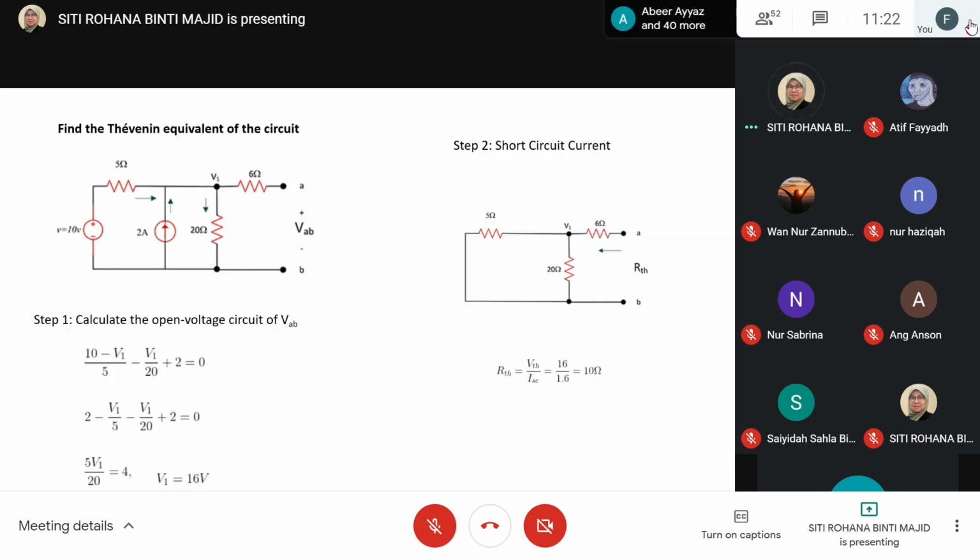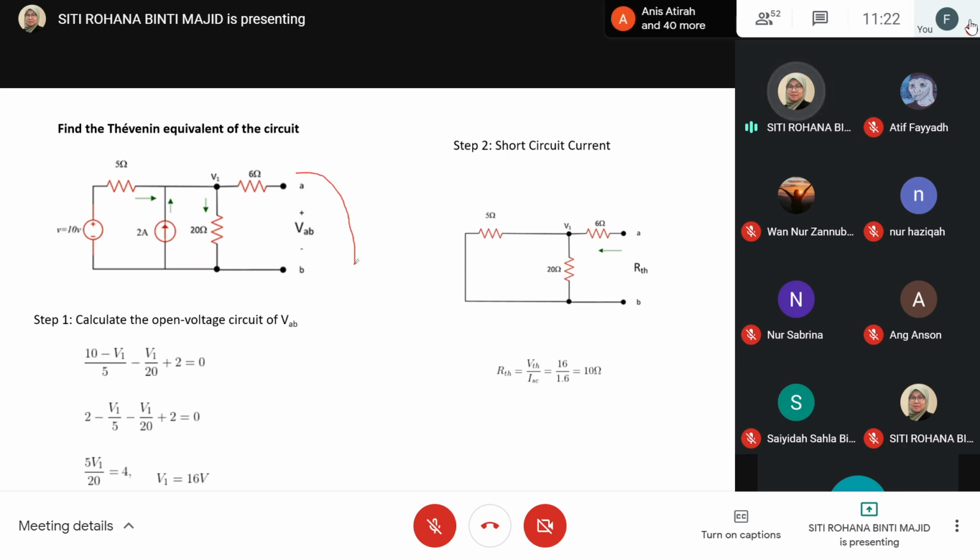Okay, so this is an example when we have both current and voltage sources, to find the Thevenin equivalent circuit. For the Thevenin equivalent circuit, I think you know that you should have one voltage source and one resistor with the load.